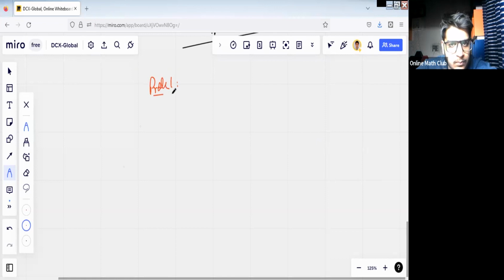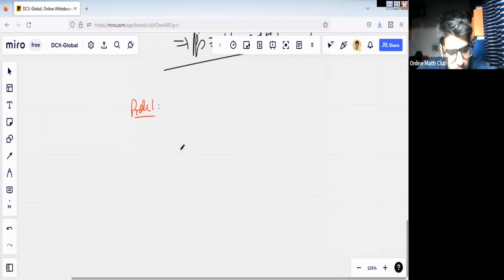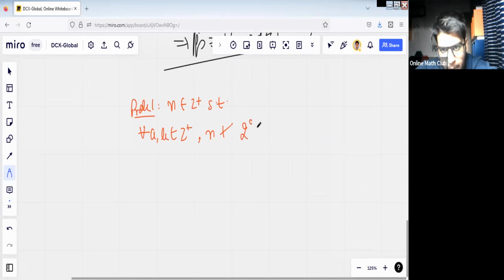Problem 1. Suppose n is a positive integer such that for all a, b belonging to positive integers, n never divides 2^a * 3^b + 1.